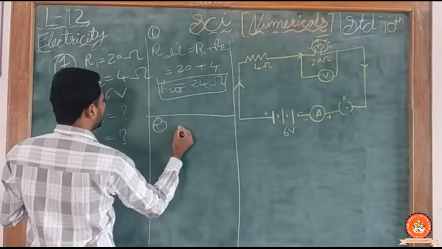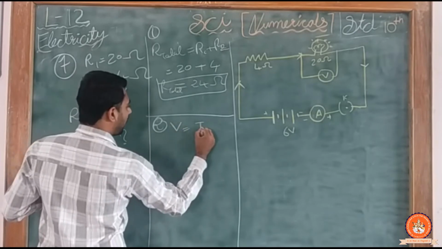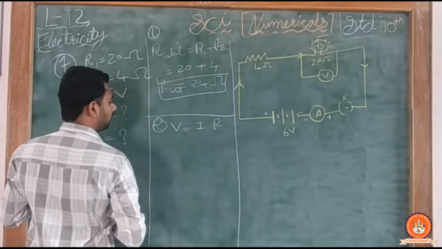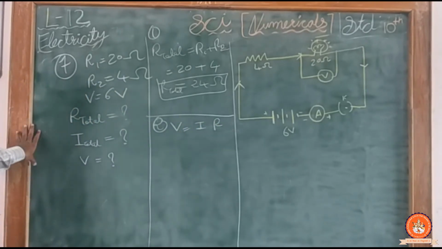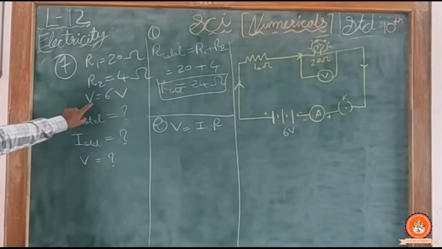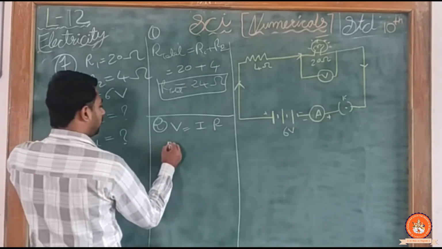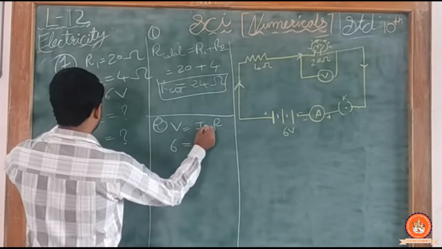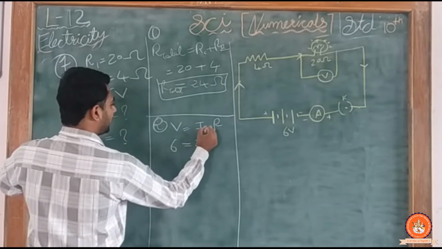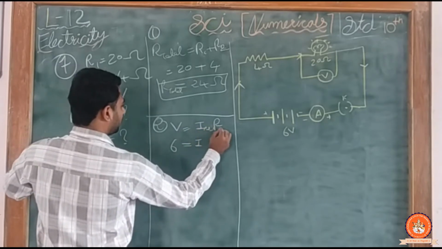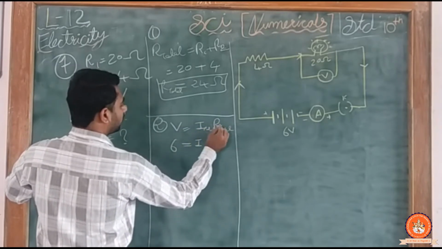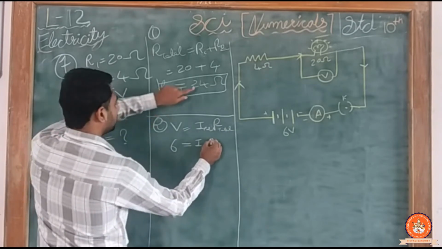Okay, so we have the formula V is equal to IR. We have the V here, so V is equal to 6 volt. Don't have I, we will write directly I. And we have to take the total resistance, that we get from here.